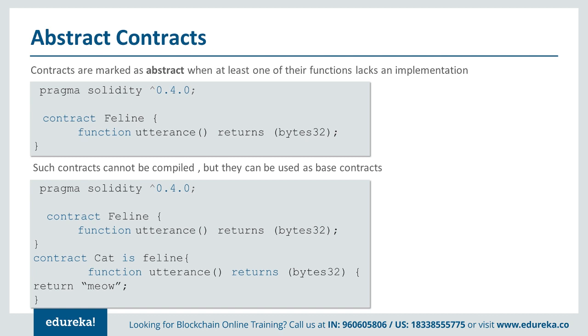You will need to implement this function in any contract which is inheriting this class. For example, this contract cat is inheriting the contract fill-in, and it is implementing this particular function, utterance, and it is returning the value meow. So although this function was not implemented in the base class, it is getting implemented in the child class. Such classes are called abstract.